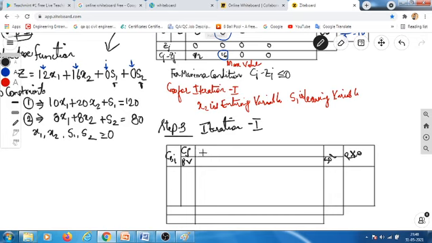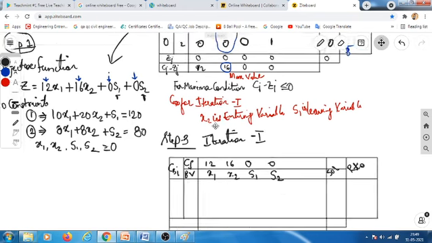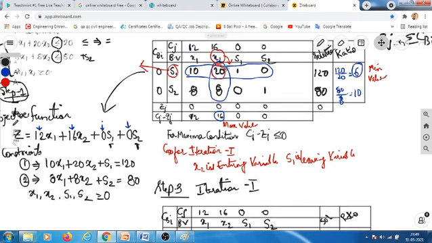What all remains the same? The Cj values: 12, 16, 0, 0. These are the values for x1, x2, s1, and s2. Now, for the basic variables, look at our previous problem: x2 was entering and s1 was leaving.